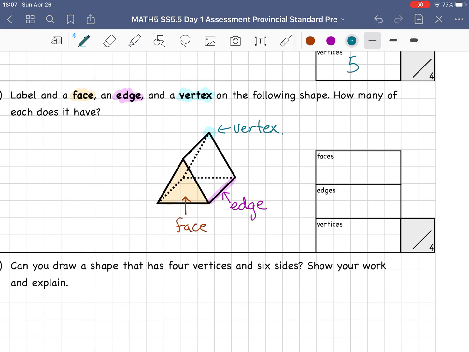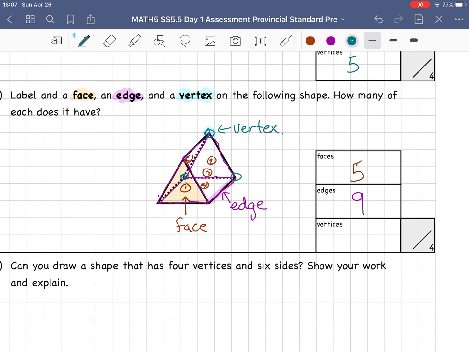Okay, now let's try and count out the faces and the vertices and the edges. The faces. There's 1 in the front, 2 in the back, 3 on the side, 4 on the bottom, 5 on this other side. There's 5 faces. Edges. We have 1, 2, 3 edges on the sides, 4, 5, 6 edges, 7, 8, 9 edges. 9 edges.